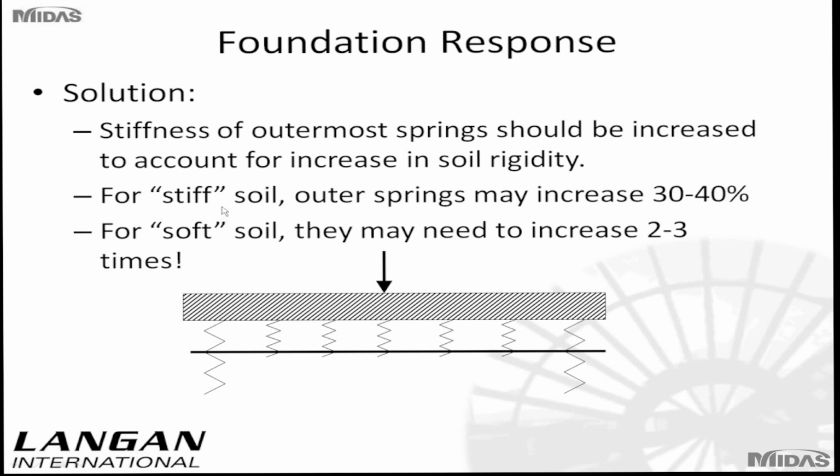Now, for a stiff soil, let's say, the outer springs may increase 30 to 40% compared to the springs at the center, whereas if the soil is soft, then we may need to increase the springs 2 to 3 times compared to the springs in the center. Now, again, the stiff soil and soft soil is relative to the foundation stiffness and the loading, and even rock would need to use two zones of springs, even if some may consider it stiff soil.